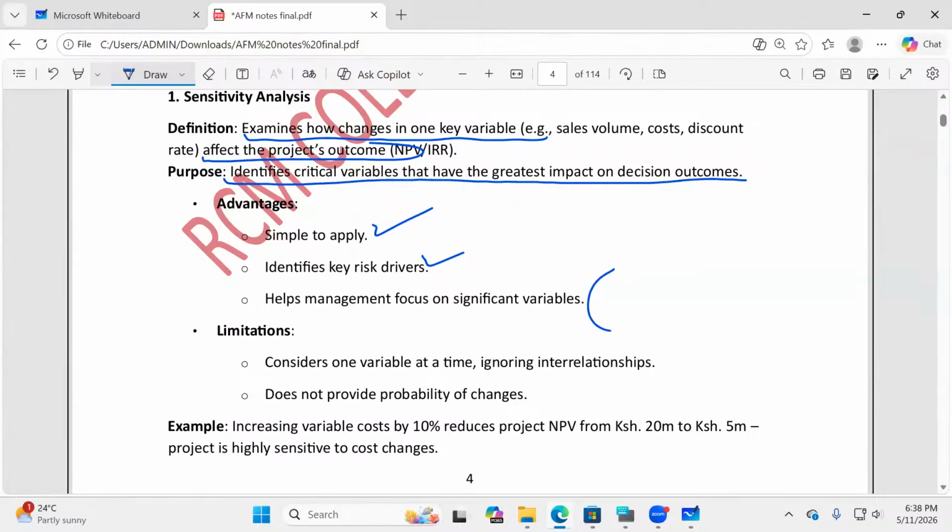So most of these variables will really change simultaneously. But here we are saying that sensitivity analysis varies them one at a time. It does not provide any probability. So under sensitivity analysis, it will be very hard for you to get those expected monetary values.